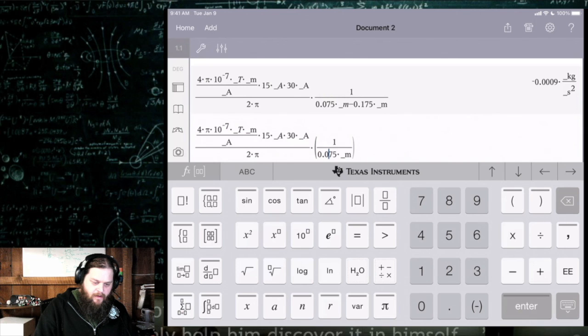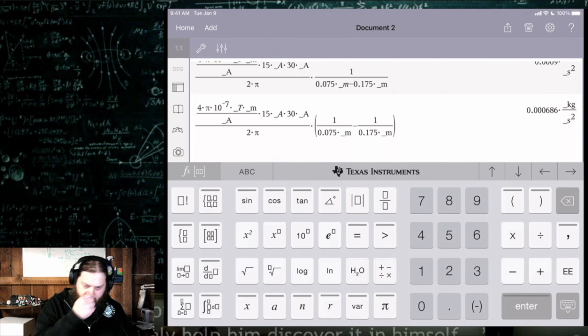Same thing. Put it back how I had it before. Oh, undo. 0.175 meters. Am I missing something? I forgot to multiply by the length.